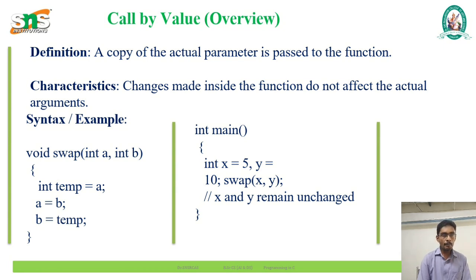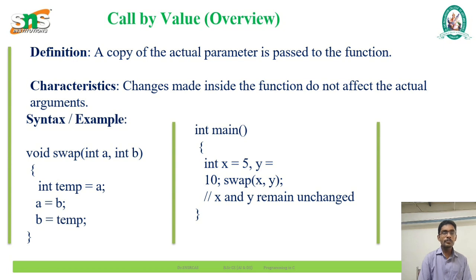Here in this example, there is a main function, shown on the right side, where the value of x is 5 and the value of y is 10, and the function swap is called with the x and y values. It passes them to the function void swap, where the value of x is assigned to a and the value of y is assigned to b, and the values of a and b are exchanged.